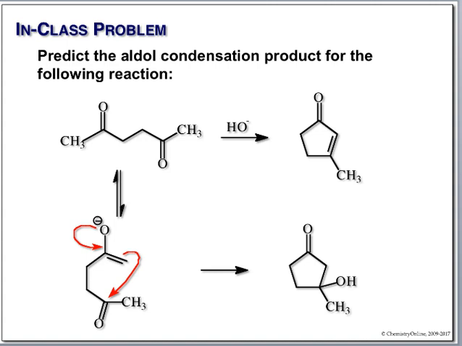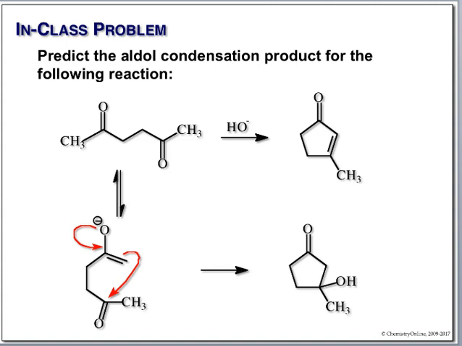Now you see, if we had had enolate character here, and it tried to attack, that would be a 3-membered ring. That's not going to work, is it? But here, a 5-membered ring, that's happy. That's what drives this reaction.